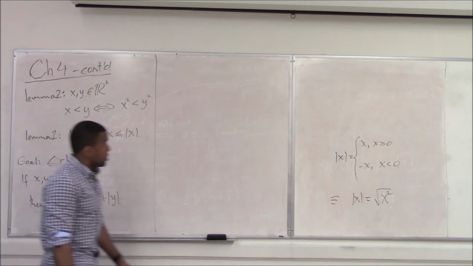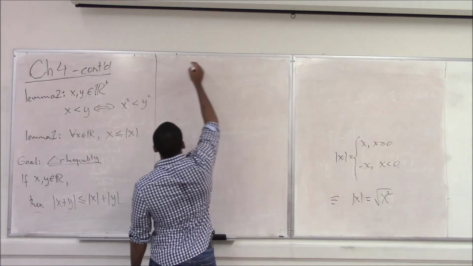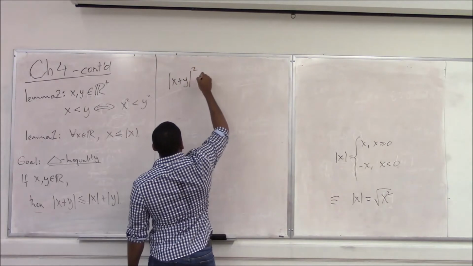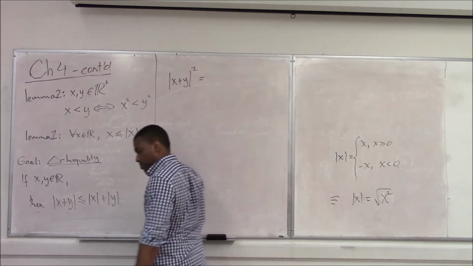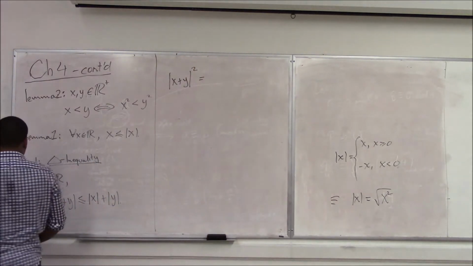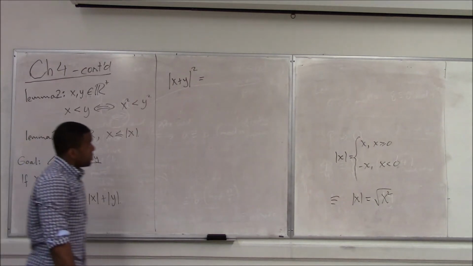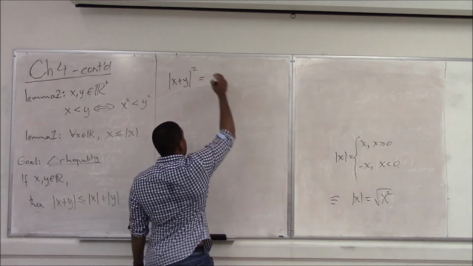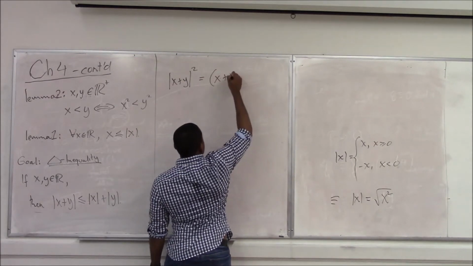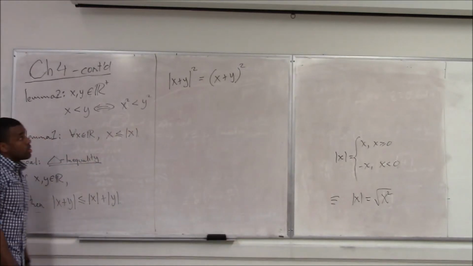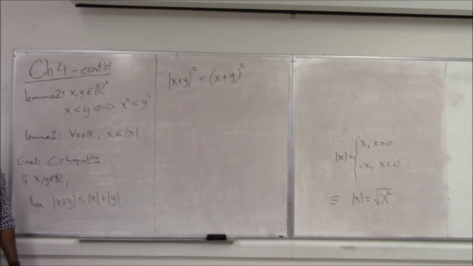So here's what we're going to do. We're going to start out by squaring this absolute value. I don't know if any of you have seen this proof before. It turns out that it's the same as just squaring the regular value. Is that okay to say that?